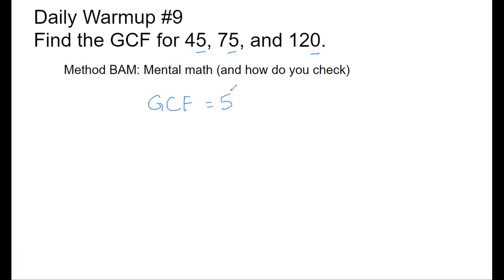Well, clearly from the other two methods, we saw that the greatest common factor is not 5. But we know that it is a multiple of 5. The greatest common factor is always going to be a multiple of its common factors. So 15 is a multiple of 5, right?